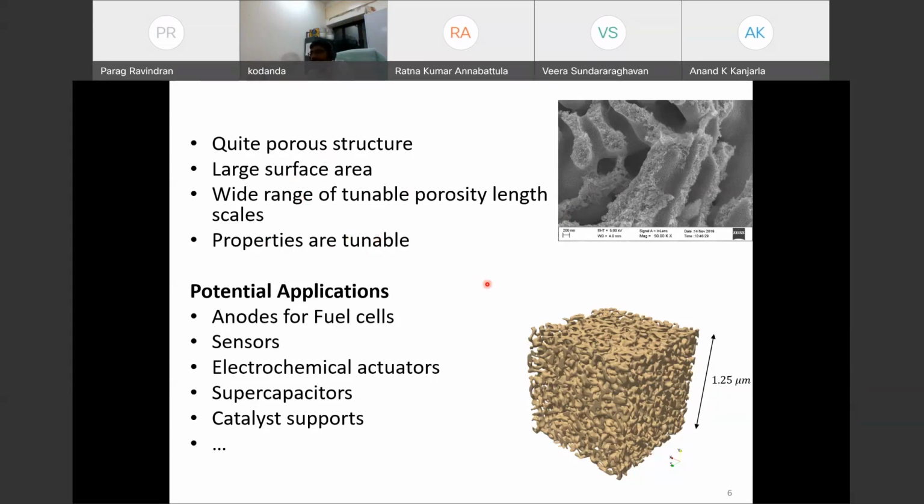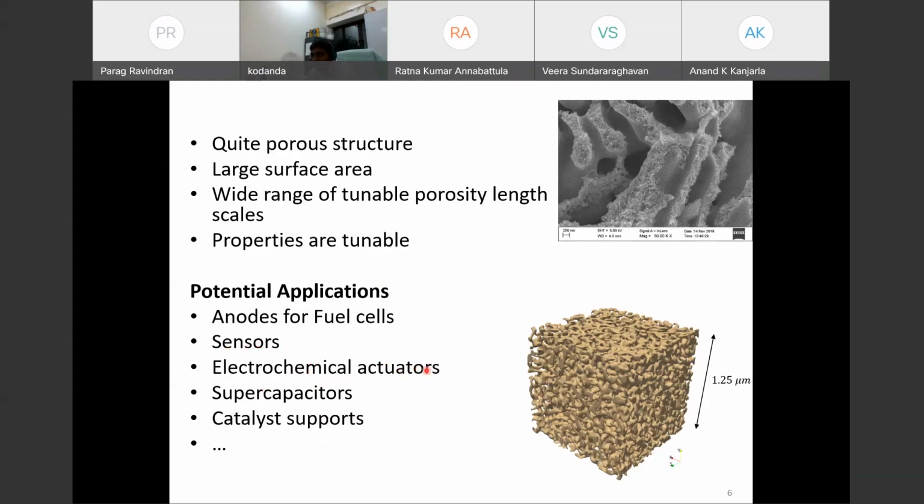You can imagine several applications for such materials, like anodes for fuel cells, and also maybe in batteries as well. And sensors, because of the surface area, the catalysis or chemical reactions can be exploited, and those can be used as sensors, and also electrochemical actuators.